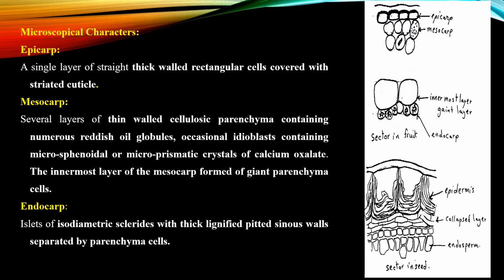Followed by the giant cells, we have a layer of sclerites, or islets of sclerites, with thick lignified walls separated by normal parenchyma cells, so this is known as sclerite islets.